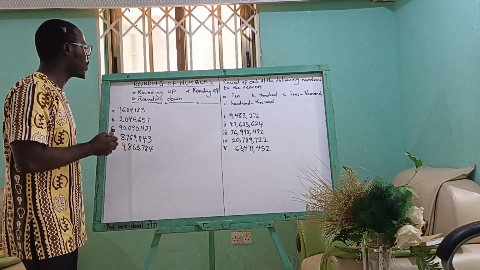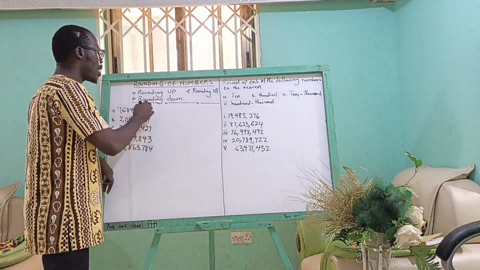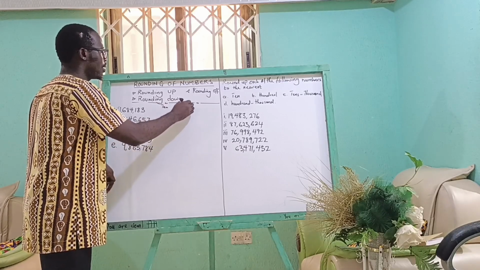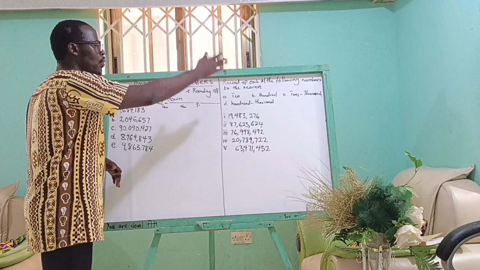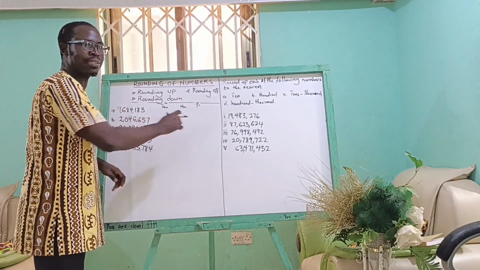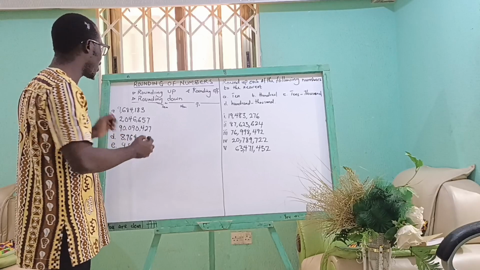So rounding up, we are looking at rounding up in tens, hundreds, and then thousands. It can go to billions. But once we get the basics, we'll be able to advance from here.